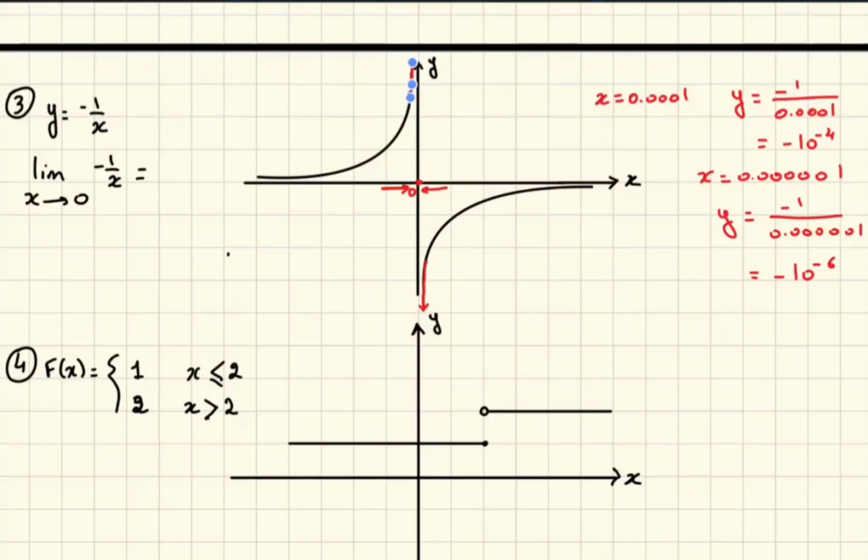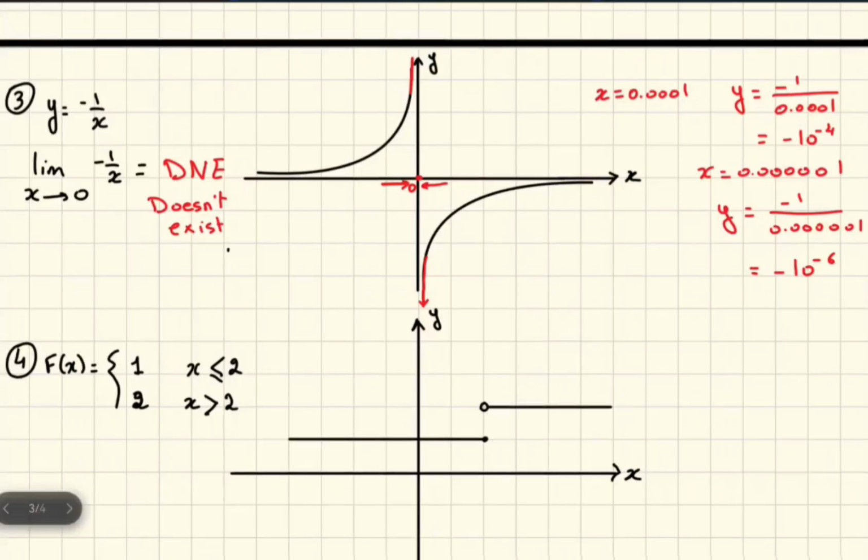It will take very huge numbers. So it's not approaching a specific value of y. In this case, we say the limit does not exist. DNE means does not exist.